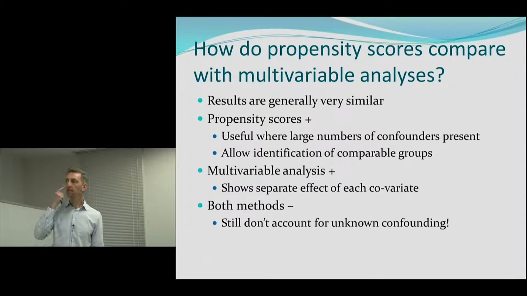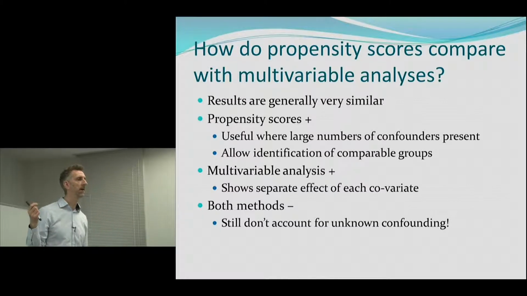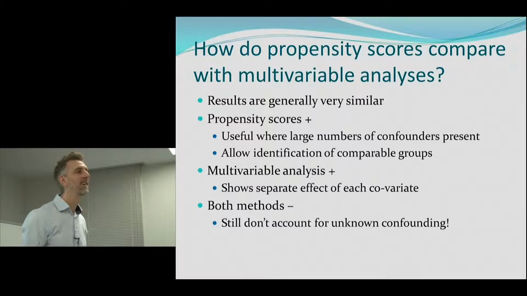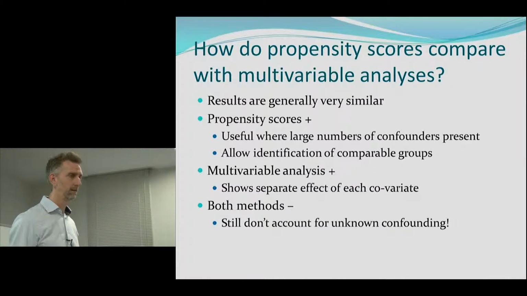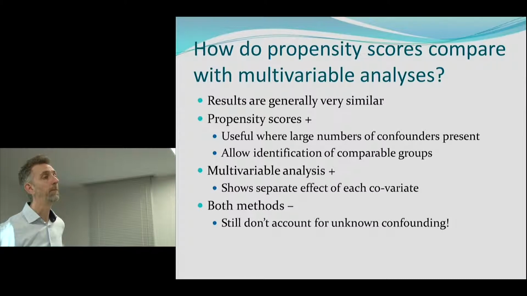Okay, so then moving on to think about how propensity scores compare with multivariable analysis. Are there any questions before we talk about this? So this propensity score calculation is kind of like a dimensional reduction.